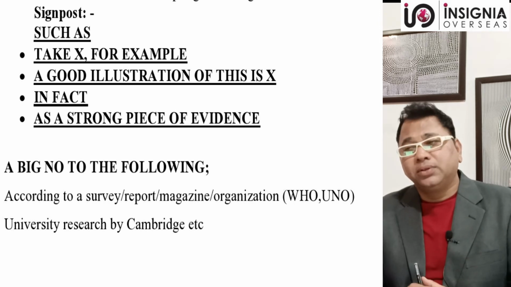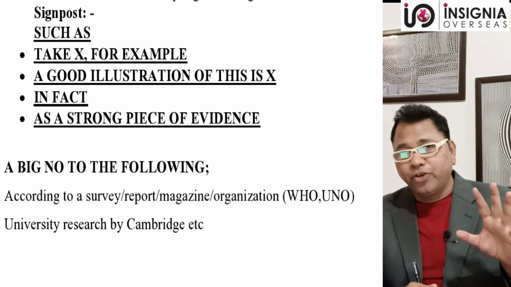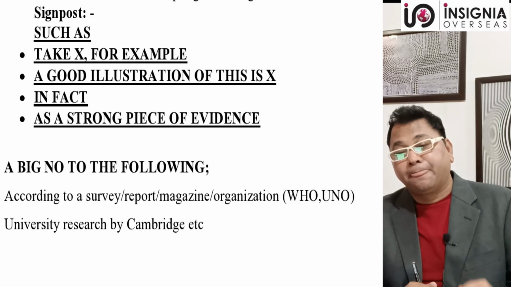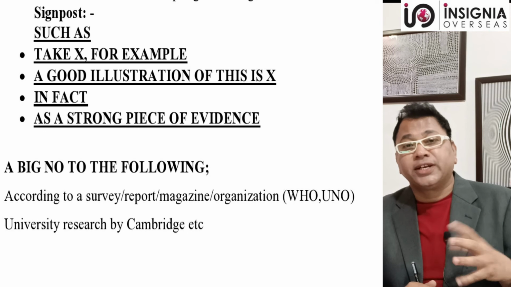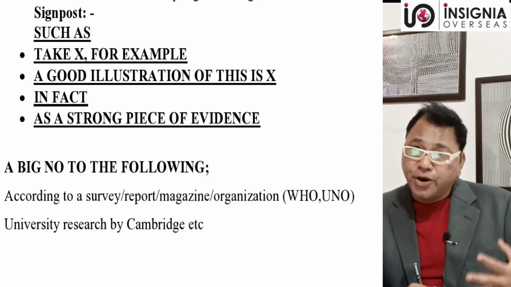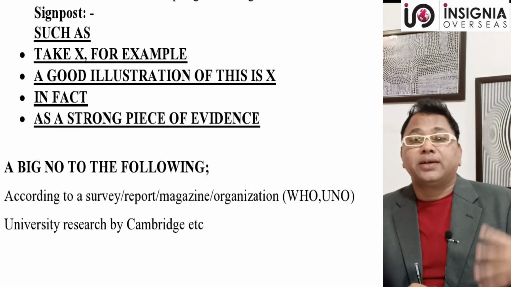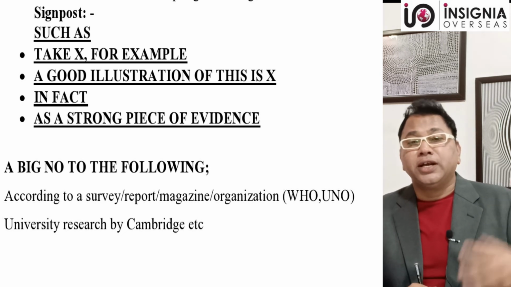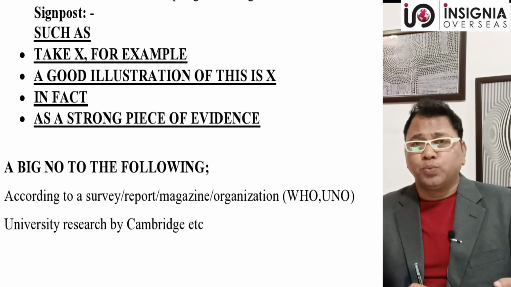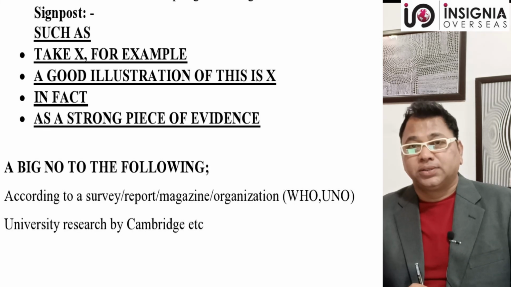Let's take an example. If your task is about obesity, for instance, and you want to quote an example, you should not really say that 30% of people in India are obese because 20% of them consume burgers.